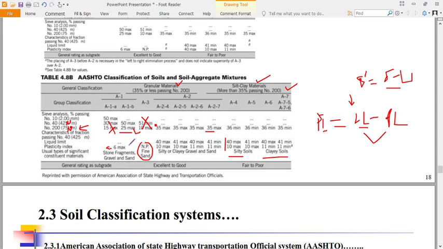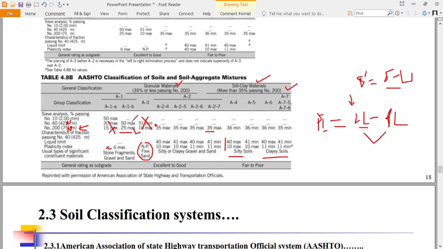Then let's go to condition 2. Sieve number 40. What did we have? We have 70. Is that okay? We have 40%. When you come to this material, you can see that the maximum is 50. 40 is less than 50. Therefore, this one qualifies. Is that okay?